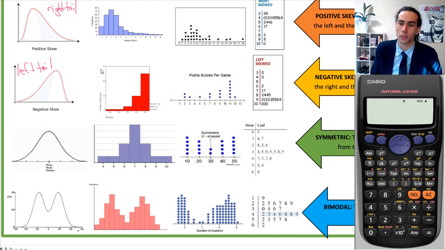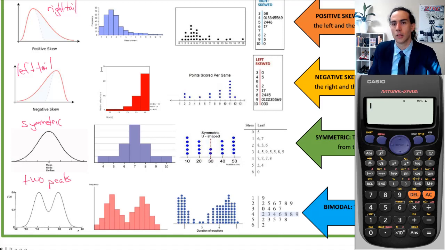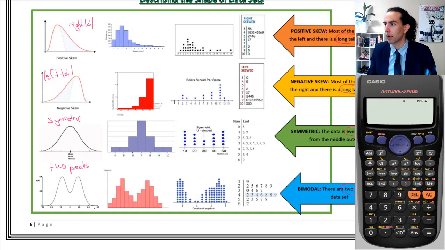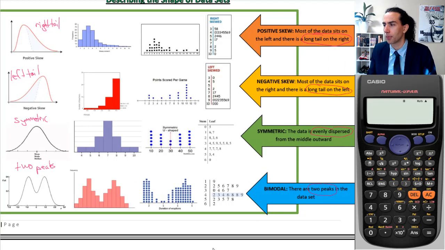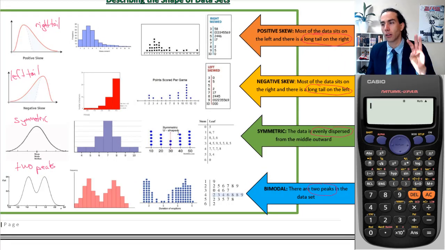Bimodal, 2 peaks. Why I went is because on the right I circled that, but you couldn't see it. Still figuring this out. Trying to get everything on the page. All right, scrolling down. 3, 2, 1.